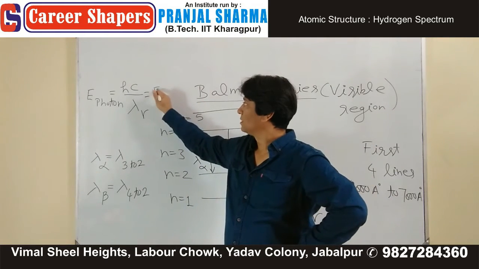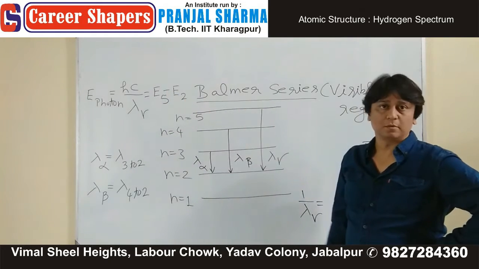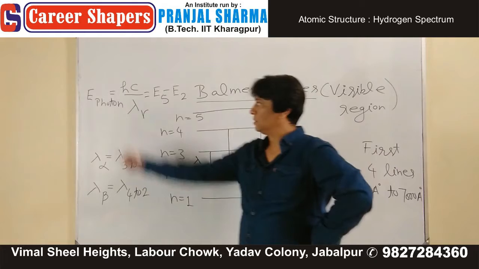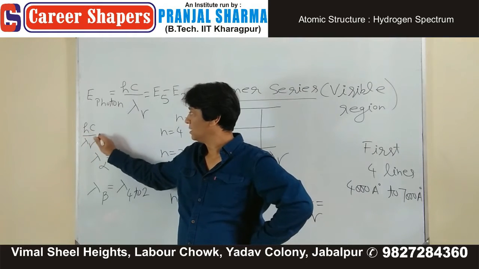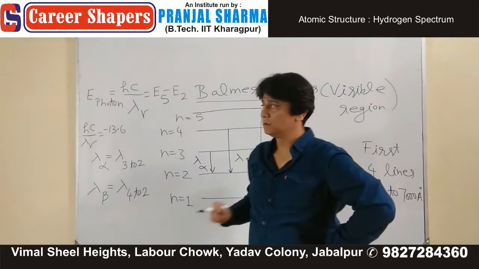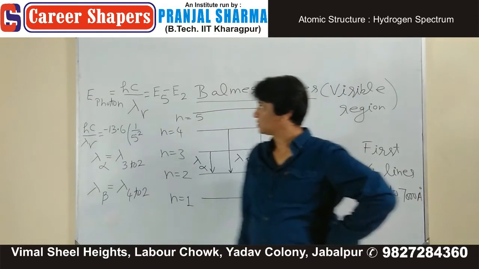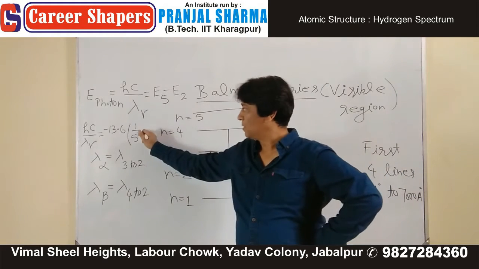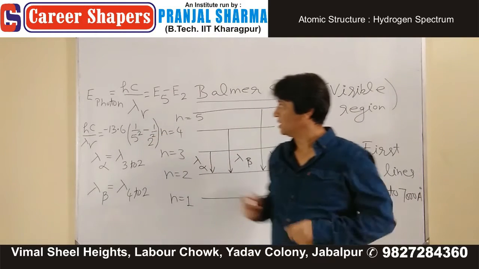So you'll be writing E5 minus E2, which is hc upon lambda. Take minus of 13.6 out, 1 upon 5 square (Z square upon n square, Z is 1) minus 1 upon 2 square.